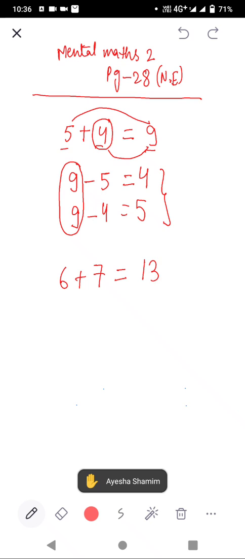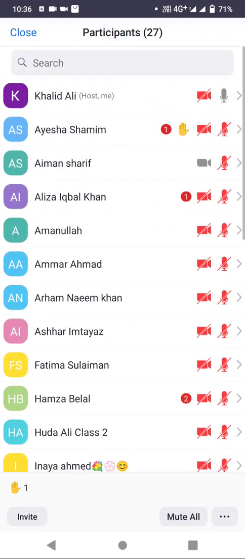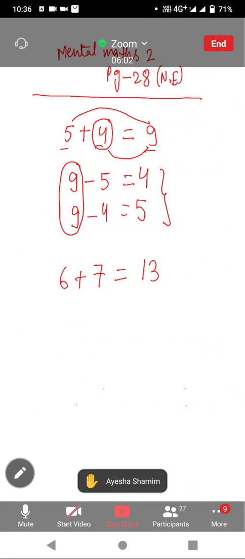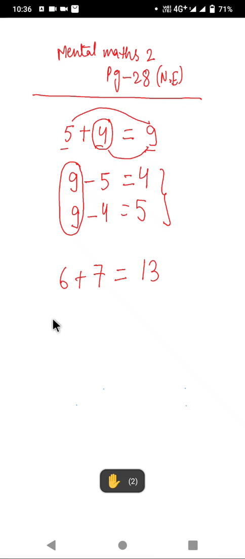To write a subtraction fact, what do we write first? Yes students, tell me which number we will write first here. Unmute your mic and tell.